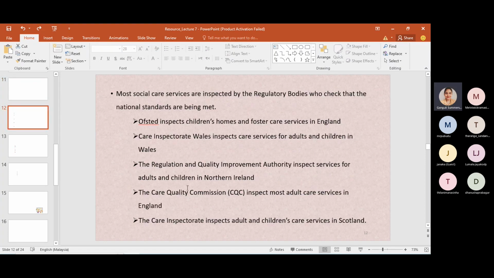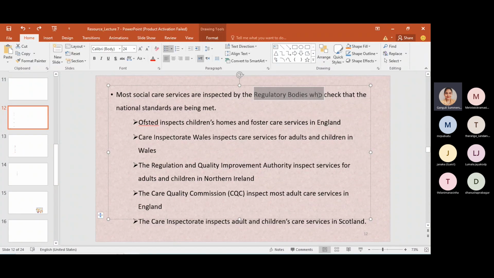Here you can see a list of regulatory bodies who check that the national standards are being met. Most social care services are inspected by the regulatory bodies who check that the national standards are being met.